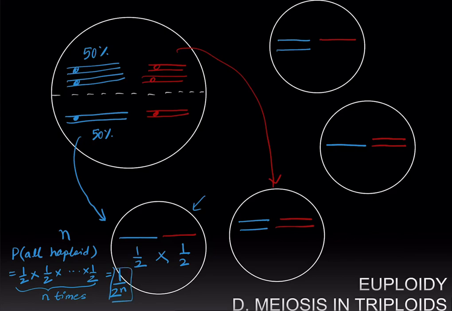Now, if let's say we have a haploid number similar to humans, n is 23, then the probability that you will get an all haploid gamete is going to be 1 over 2 to the power 23, which is something like 1 in 8 million.